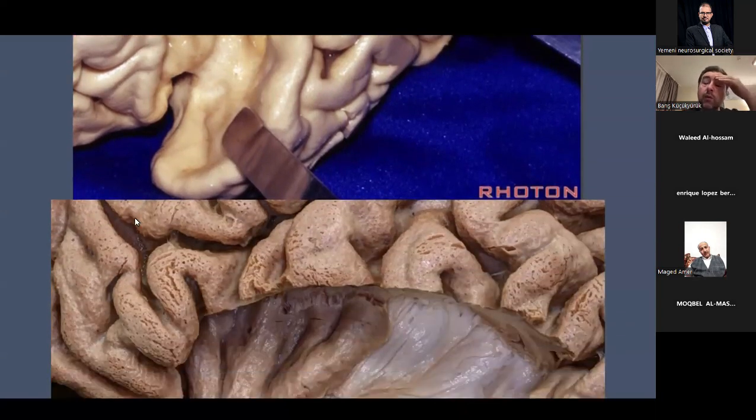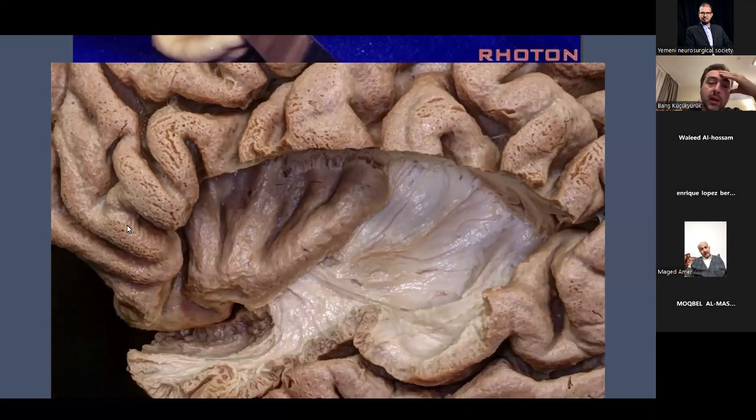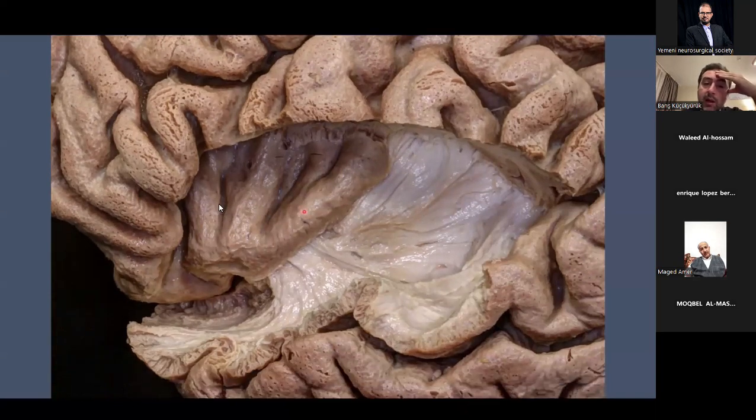When we begin to remove this planum polare and the Heschl gyrus, then we begin to see the connectivity of the temporal lobe. The uncinate fasciculus connects the temporal pole with the front, deep to the insula, then to the frontal lobe, which we'll be seeing a little bit in detail later.